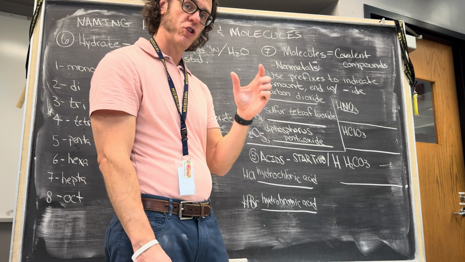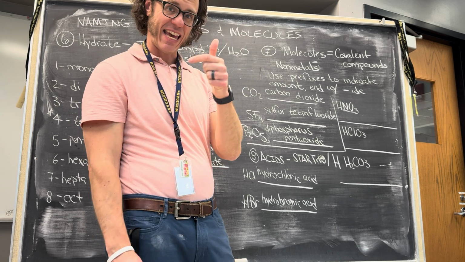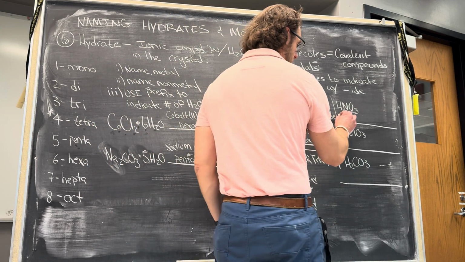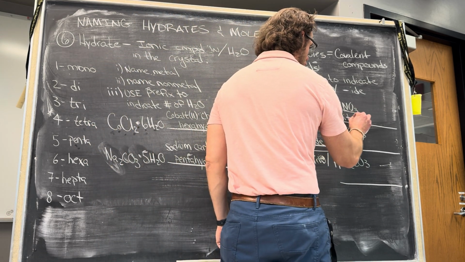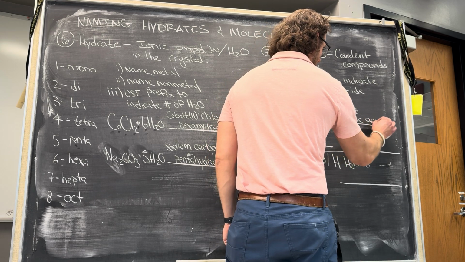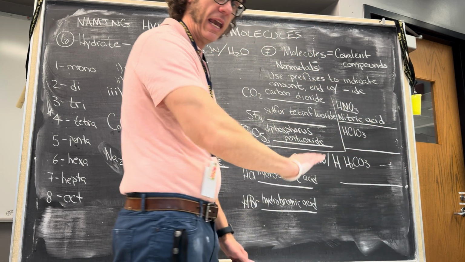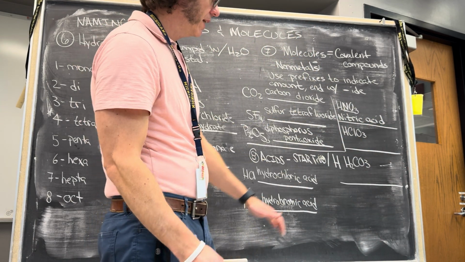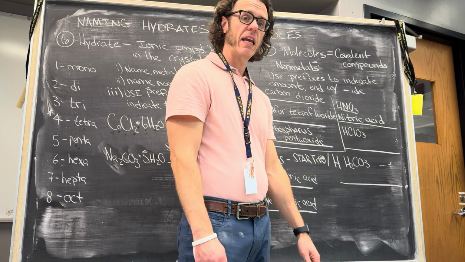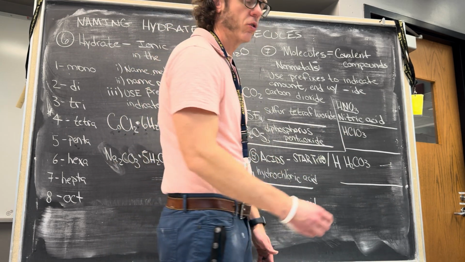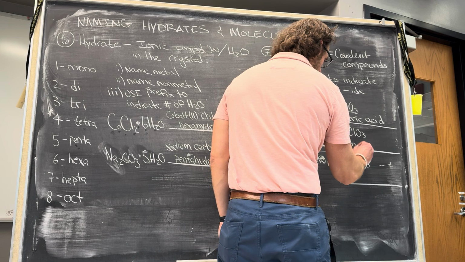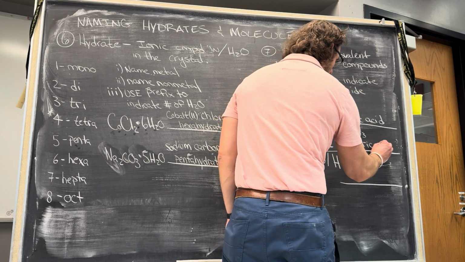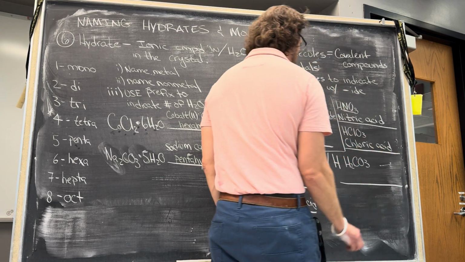What we are gonna do is change the ending ate to ic. This becomes nitric acid. Ate to ic. ClO3 is chlorate, so this becomes chloric acid.